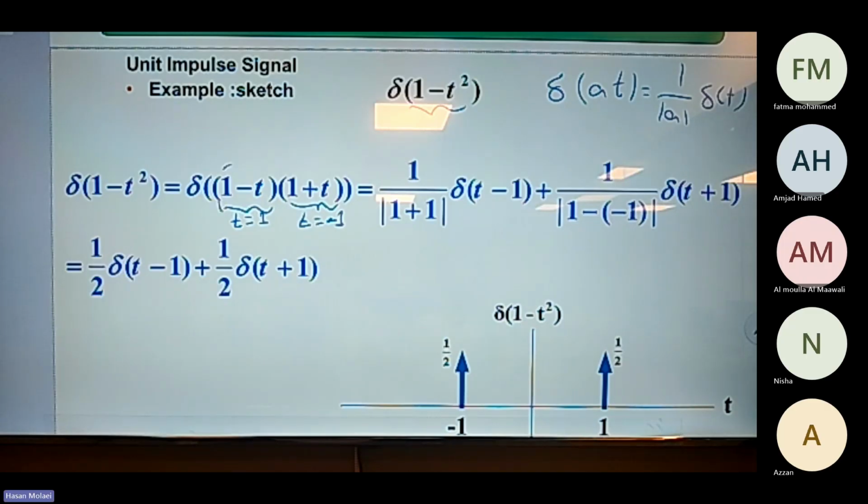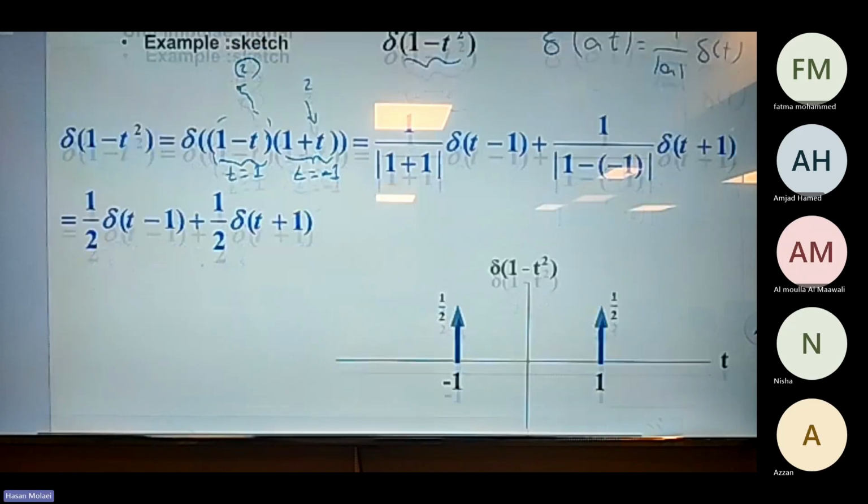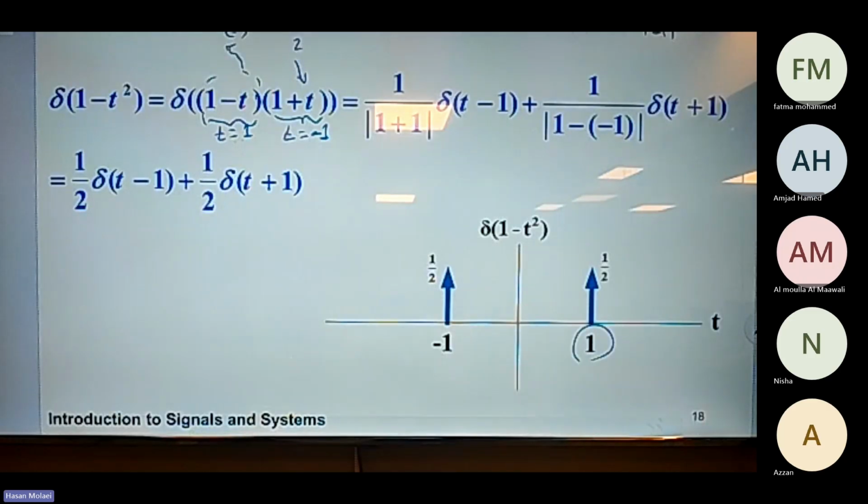When I'm looking at t equal to 1, this coefficient should be 2. When I'm dealing with t equal to minus 1, this is also a coefficient of 2. So I can easily expand this into deltas, and the result is 2 deltas, one at 1 and another at minus 1, and the amplitude is 1 over 2.